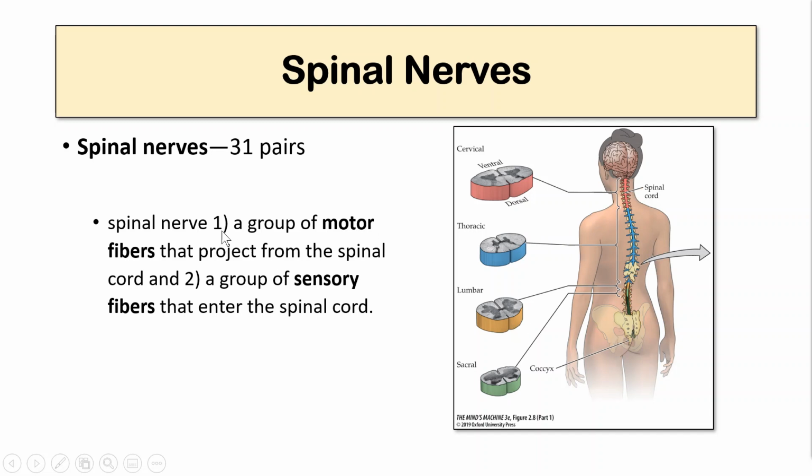And the nerves are named after what area they come off of. Usually C1 would be cervical nerve 1, T1, L1, or whatever it happens to be. The spinal nerve has 1, a group of motor fibers that project from the spinal cord, and 2, a group of sensory fibers that enter the spinal cord. And I'll show you images of that so we can get a better understanding of the motor outputs and the sensory inputs.